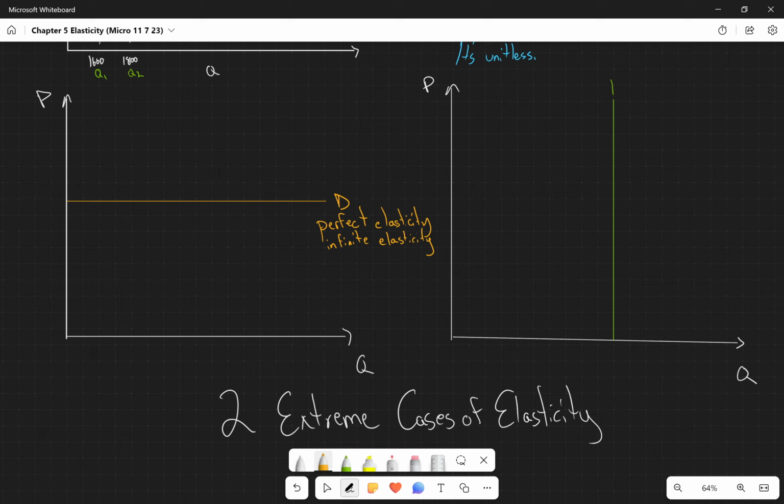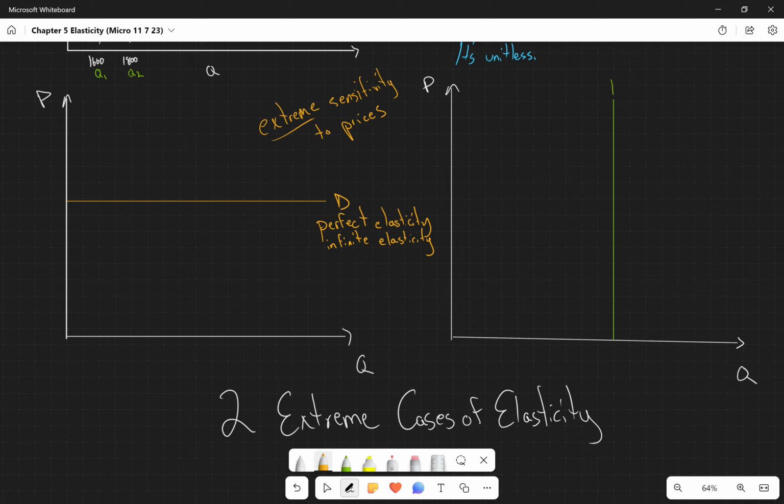This is the situation where the quantity demanded changes by an infinite amount in response to any change in the price at all. So this is extreme sensitivity to prices.